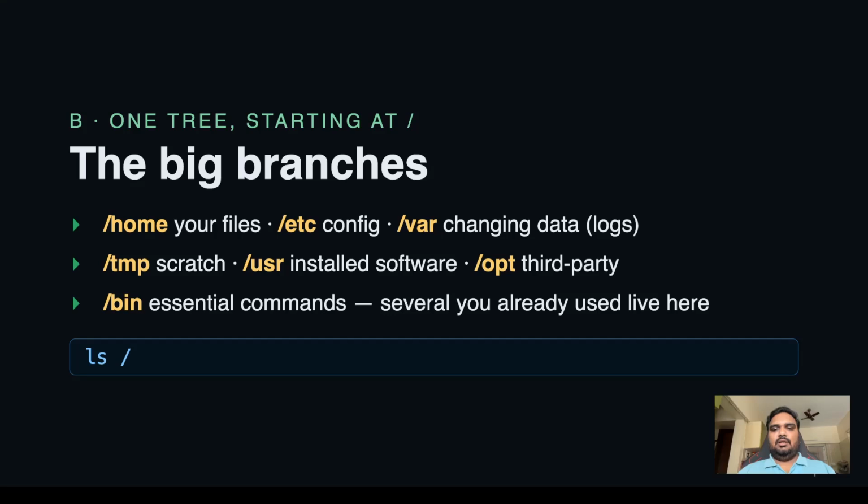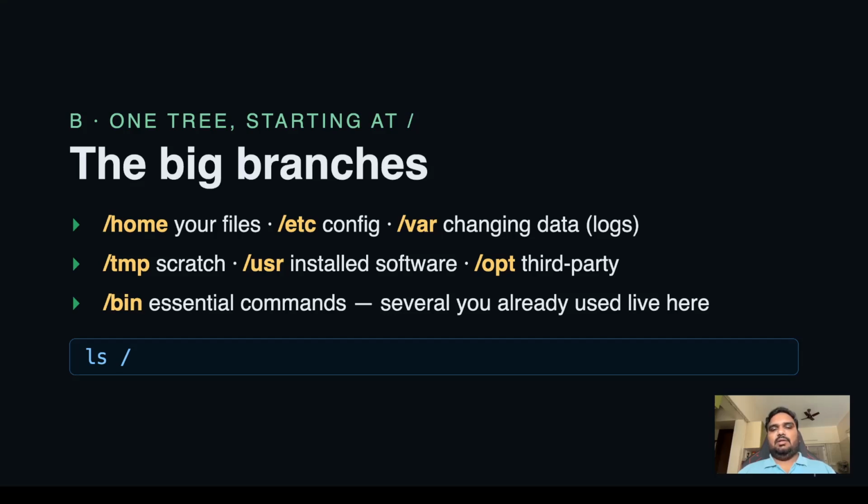Slash usr, it's where most installed software resides. Slash opt, the third party applications or software that you install can live in opt. It is also called the optional software directory. Slash bin, the essential commands, programs or binary files that you run reside in slash bin.